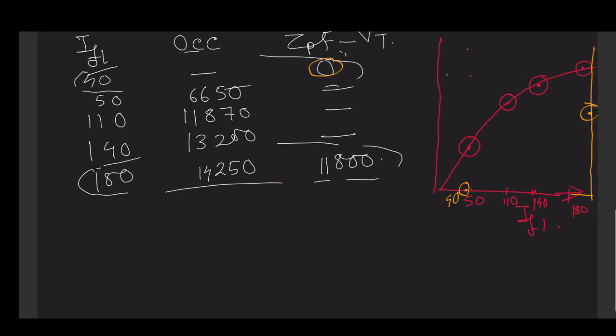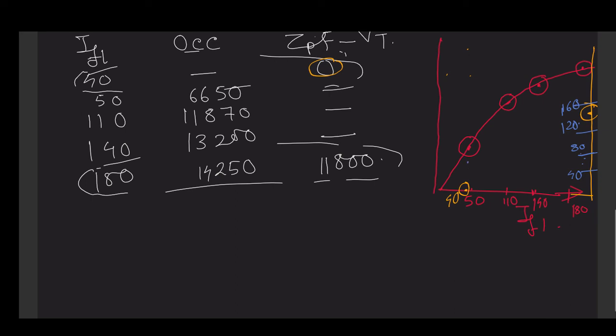Now at 40 the value of current is 78.7. So say this is our current scale: 40, 80, 120, 160, like that.